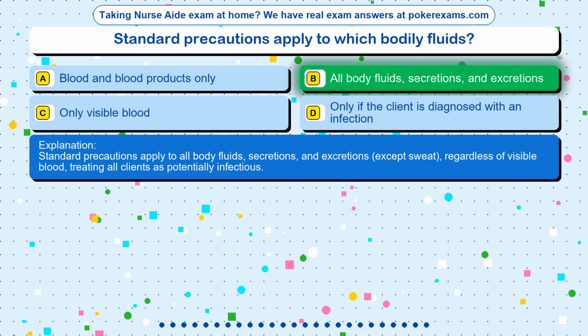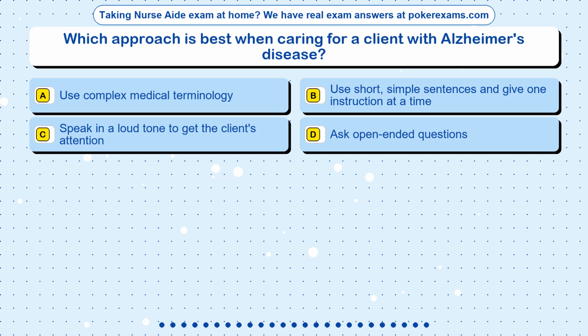potentially infectious. Question 20. Which approach is best when caring for a client with Alzheimer's disease? Option A, use complex medical terminology. Option B, use short, simple sentences and give one instruction at a time. Option C, speak in a loud tone to get the client's attention. Option D, ask open-ended questions.